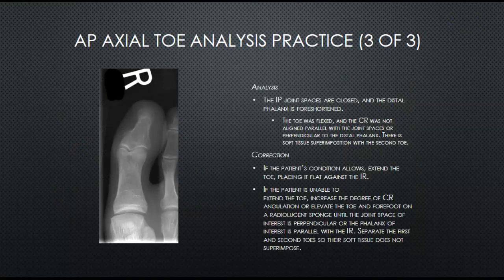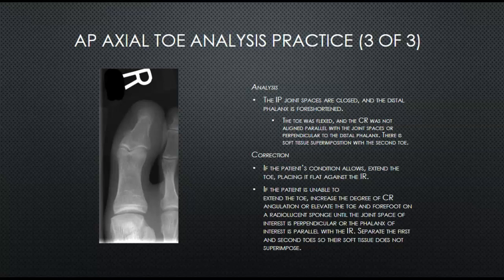In our last AP axial toe practice analysis, again, we're going to look at the symmetry of the soft tissue. And in this projection, we do have soft tissue overlap onto the second digit.